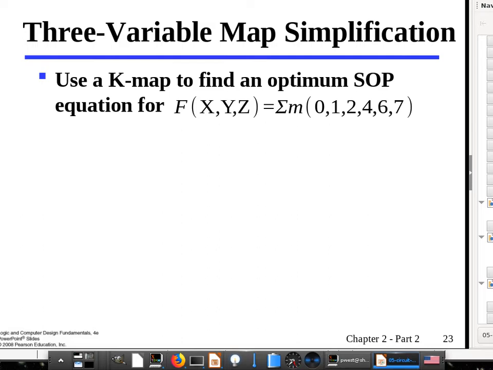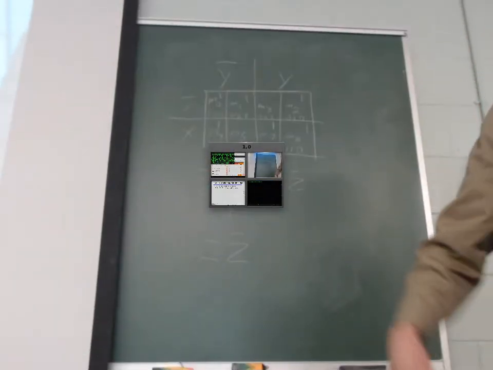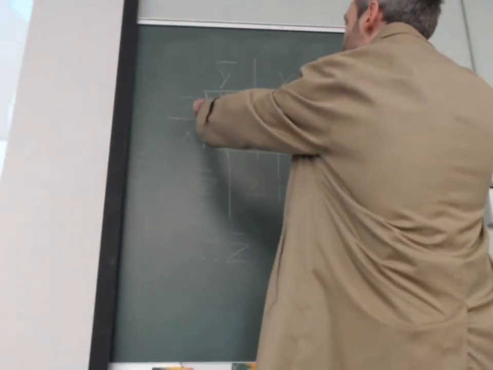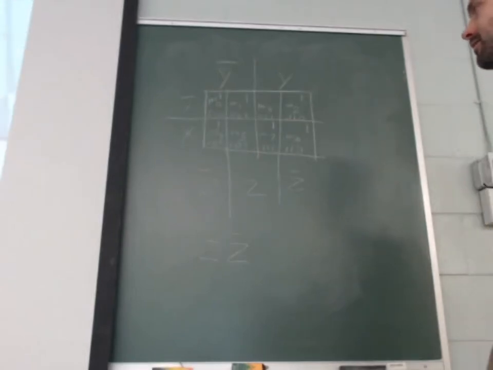Oh, I think we did this last class. So what's the optimal here? Not Z. Remember, that's these two guys up here.